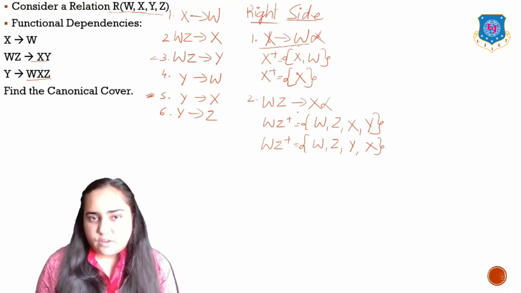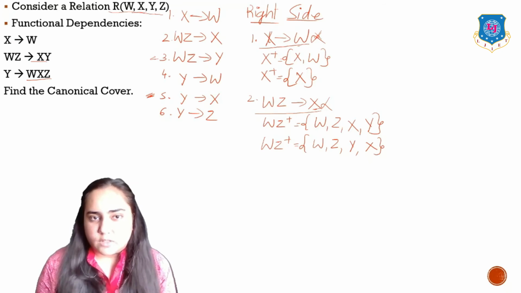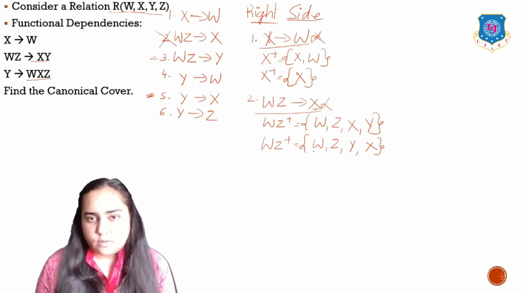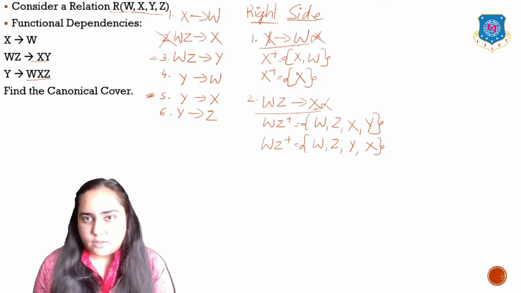So you see, even after removing this dependency, I am able to get my original closure of WZ. And that's why this X on the right-hand side is extraneous. But if you remove X from the right side, then the dependency itself becomes obsolete. There is nothing on the right side, so it's no longer a dependency. So you can go ahead and remove the whole dependency itself. So number 2 is going to be removed, and we're not going to use it anymore for any kind of calculation. So just be careful of that.